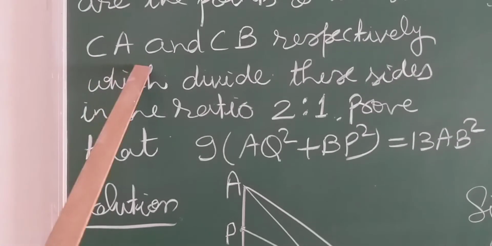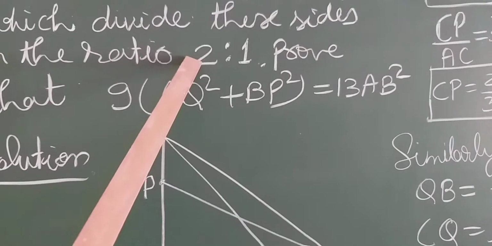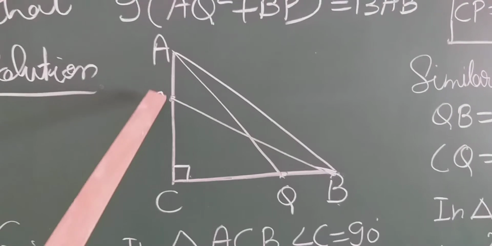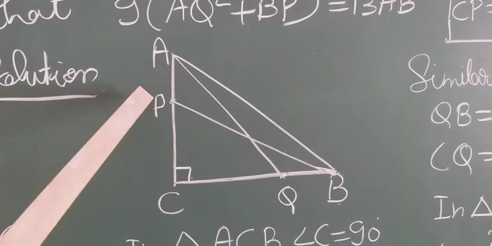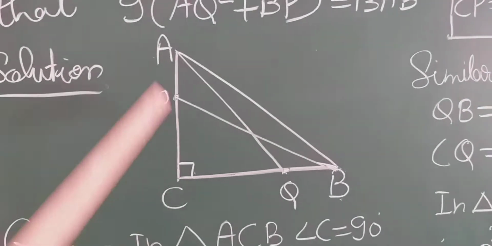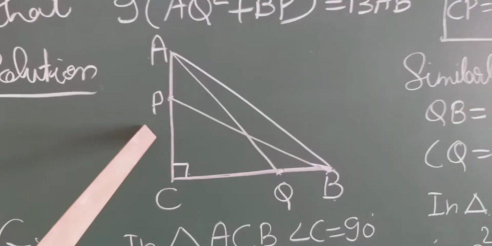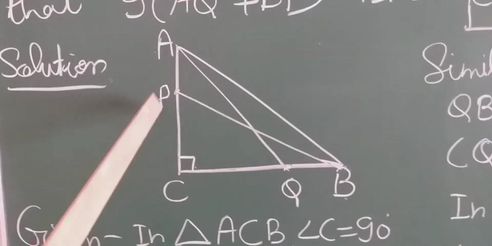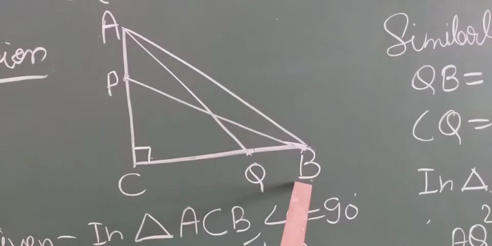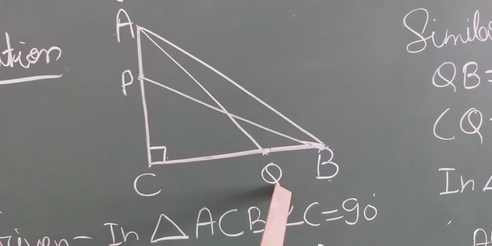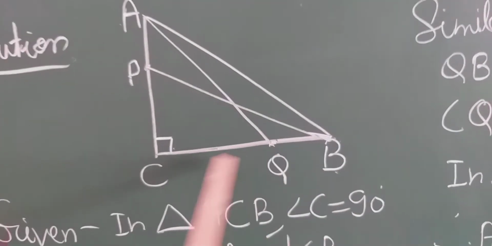We have to put the point P such that CP is to PA equals 2:1, meaning the CP part is bigger than PA. Similarly, on CB, we have to put a point Q such that CQ is to QB equals 2:1.